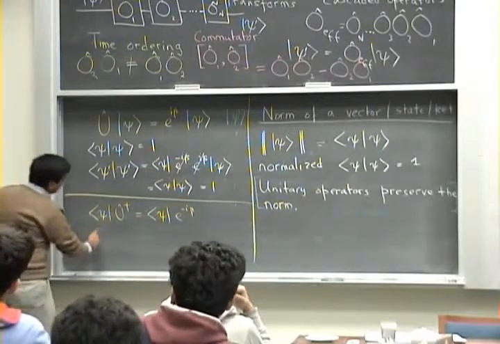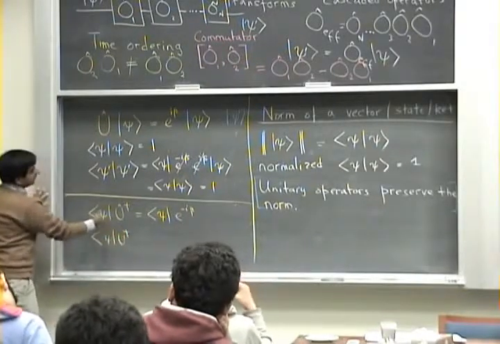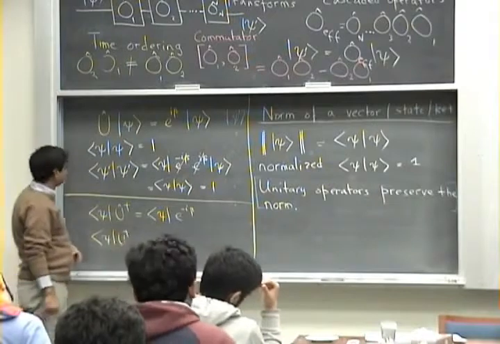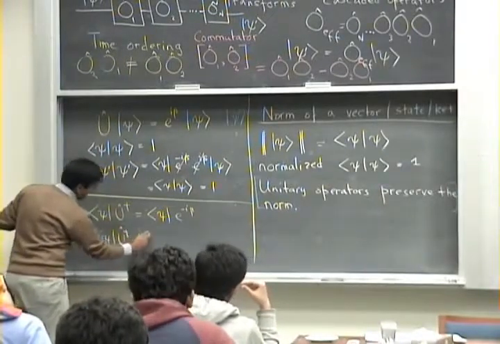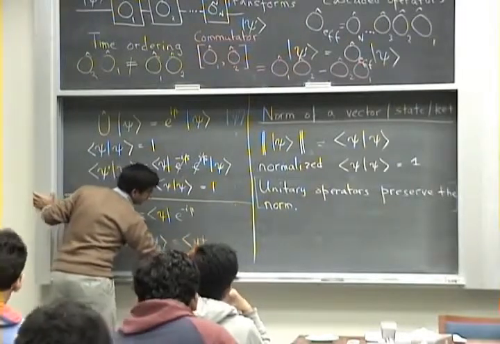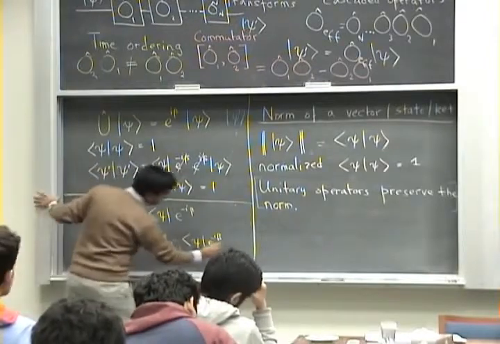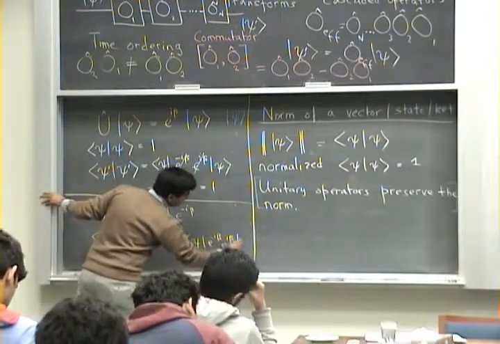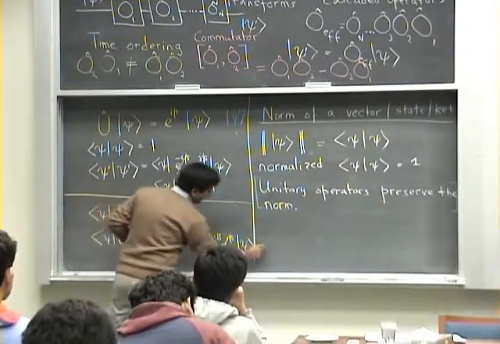Now I take the inner product of this object with the ket. This equals e^{iβ} acting upon psi. Now this is just a number. This gives me 1.